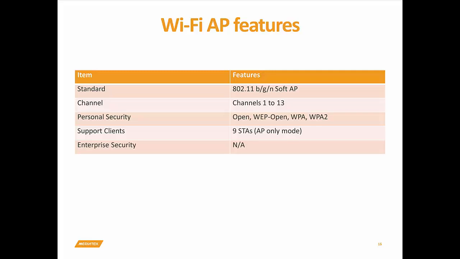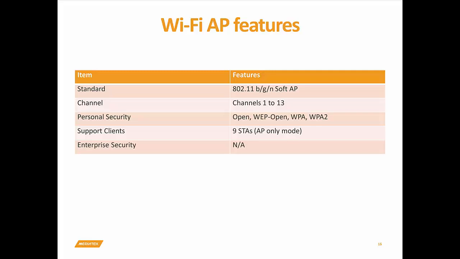In access point mode, it's very similar, again with channels 1 to 13. We have personal security, and we support up to 9 stations at the same time, stations being connected to the 7687 as an access point.